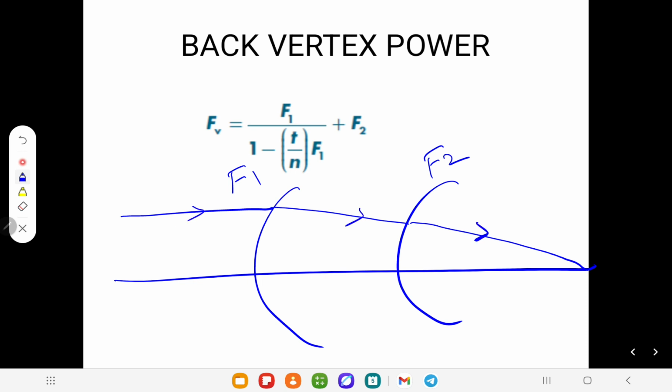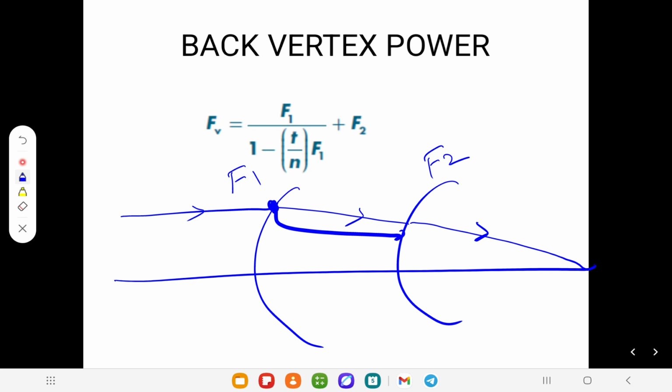So what happens between this point, the front surface, and this point, the back surface? Isn't it downstream vergence? And you can see the similarity.